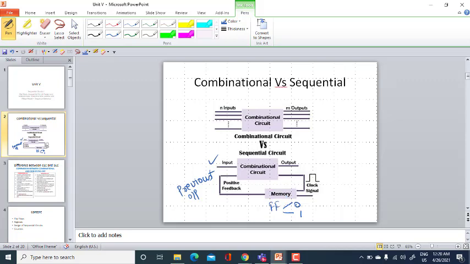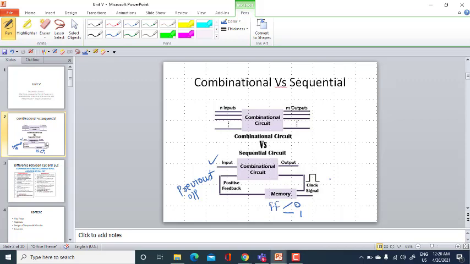That flip-flop will work along with the clock signal. So input to the flip-flop will be the present output and the clock signal. And this is said to be a sequential circuit. I repeat, a sequential circuit will have an output with the current input and the previous output, and you get the previous output from the memory, which is a combination of flip-flops.